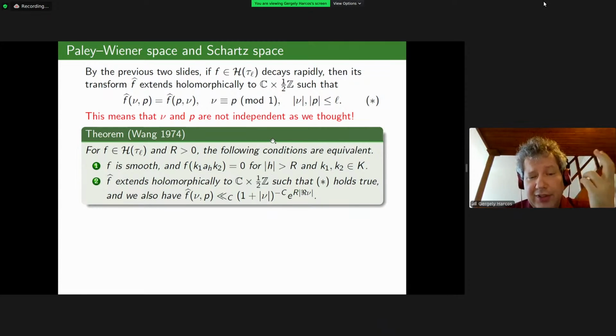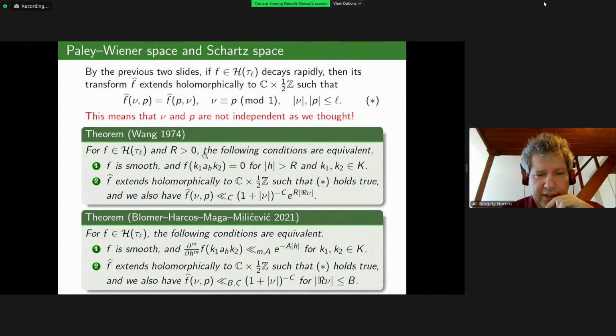And we found this theorem too restrictive for our purposes. Namely, we couldn't quite find a test function that satisfies both star and this very strong upper bound for the transform. Namely, this exponential was too small for us. So in other words, we couldn't really make our test function compactly supported. And so we generalized Wang's theorem to what we can call the Schwartz class subspace of HTL.